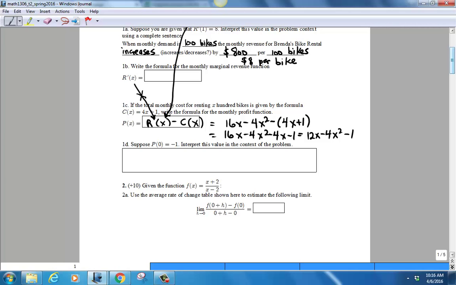So what is the correct interpretation here of the total profit, okay? So total profit, what is that input 0 telling us? We're interested in calculating the total profit when what is the case? When nothing is sold, that's right, okay? Or in this case, when no bikes are rented, all right, okay? So a lot of people got that part right, okay?